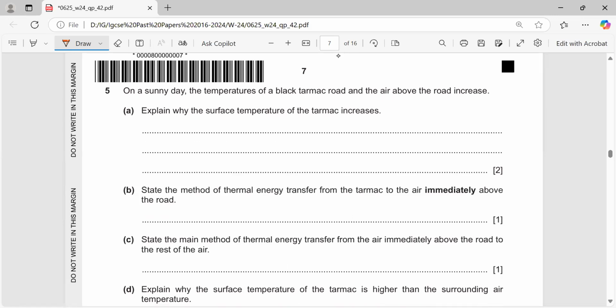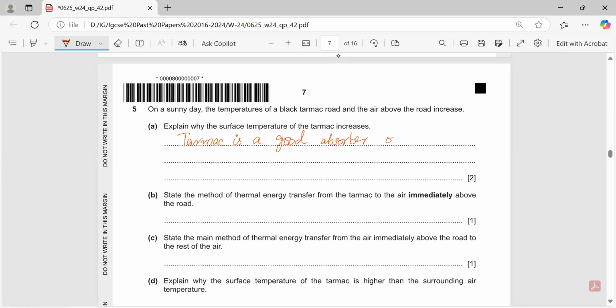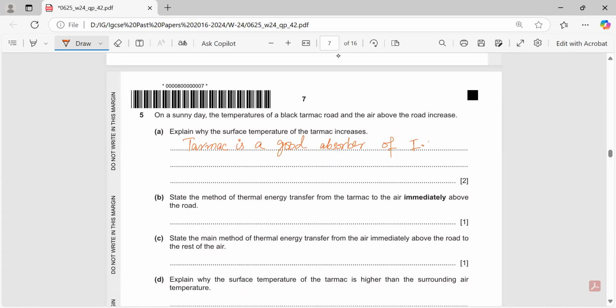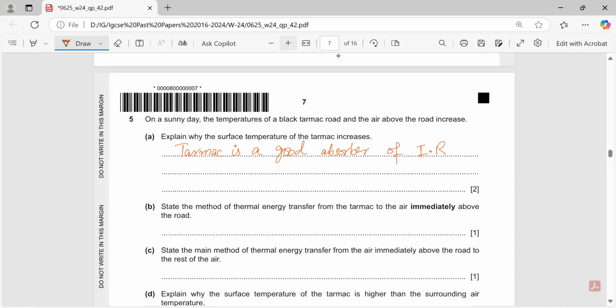It is a very good absorber of infrared radiation.